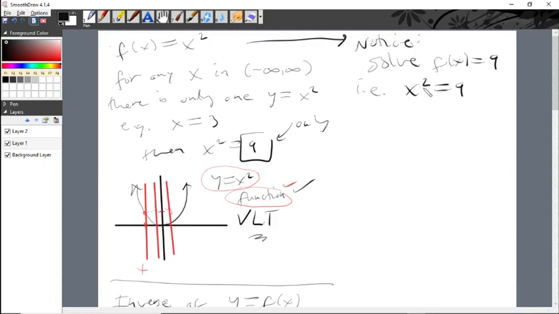If we had an inverse operation, we would be able to find the value of x. But there's actually not one value of x that makes this equation true. There are two values of x that make this equation true. Solving this equation, notice that x equals 3 is a solution, or x equals negative 3 is a solution.